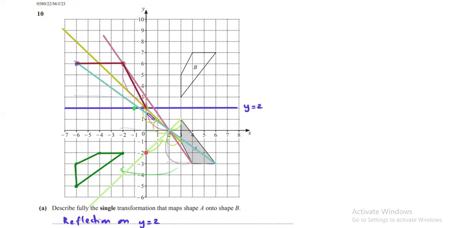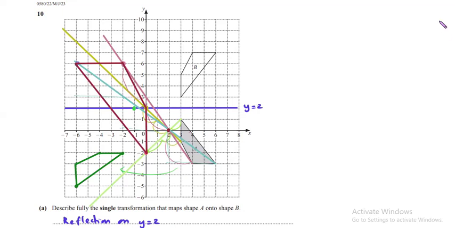Then this should be connected to this vertex. And then this point should be connected to this. This is how our enlarged diagram will look like when there is a scale factor of -2. So you can see this is the center of enlargement. The enlarged diagram is on the opposite side of it, as the scale factor is negative.